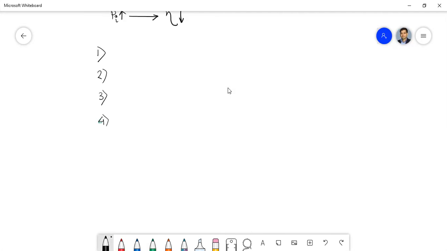That is called delayed commutation. There are two reasons again for delayed commutation. One of the reasons is the inductance of the coil. If you have sufficient inductance of the coil, then you will get delayed commutation, that I discussed during the commutation process.